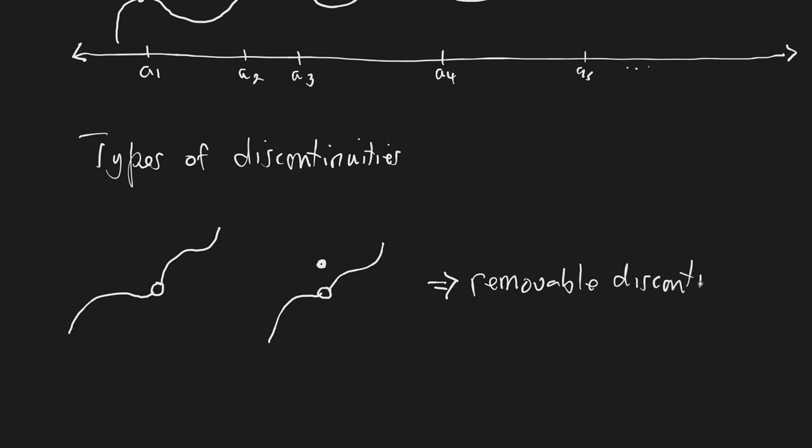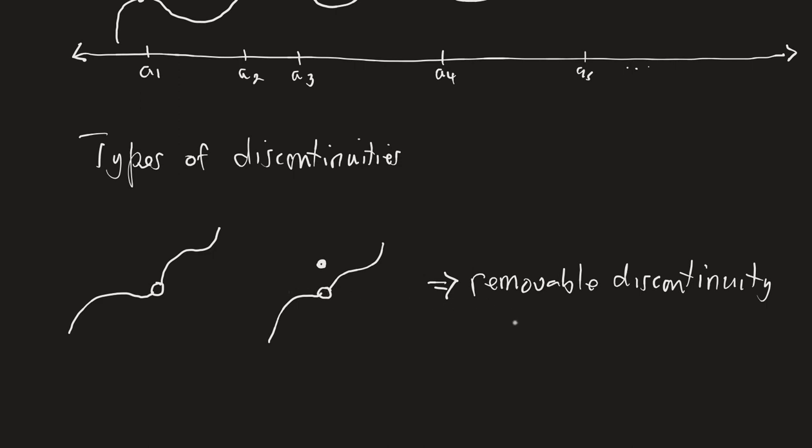And in a removable discontinuity, the two-sided limit has to exist. So the two-sided limit exists. You may or may not have a function value. So this one doesn't have a function value. You could say, in order for this to be continuous, we would have to change the function value and slide that point right here, kind of fill in that hole, that gap.